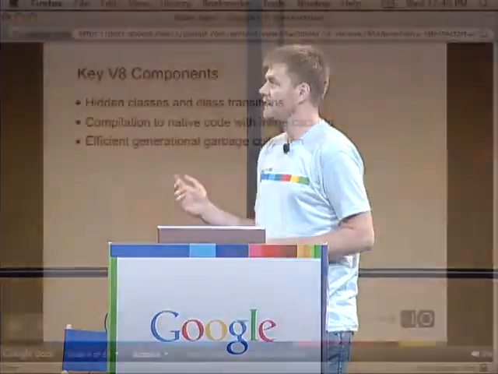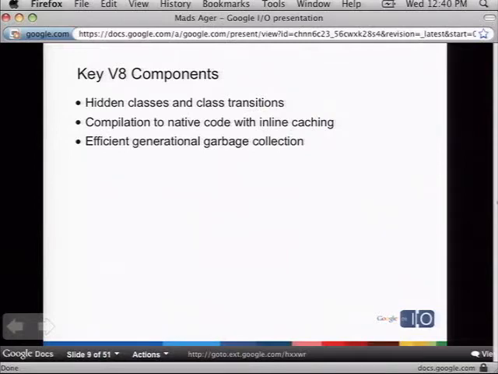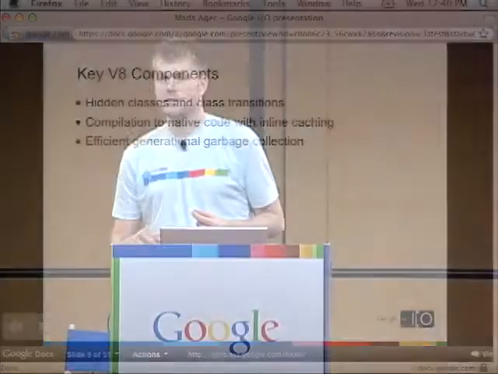And I'll tell you more about that. Once we have that, we can use a technique called inline caching. We generate native code for all of our JavaScript, and we also generate code on the fly and use a technique called inline caching. These two things together, hidden classes and native code generation with inline caching, give us fast property access and fast function calls. Those are the first 2 items.